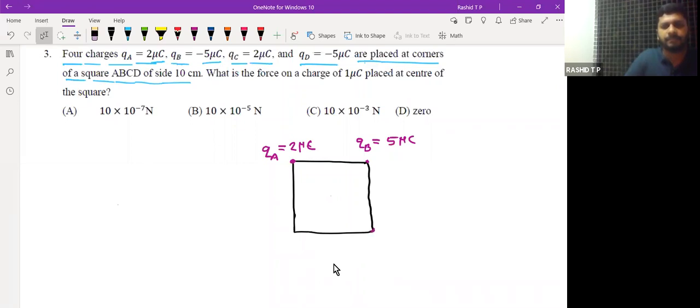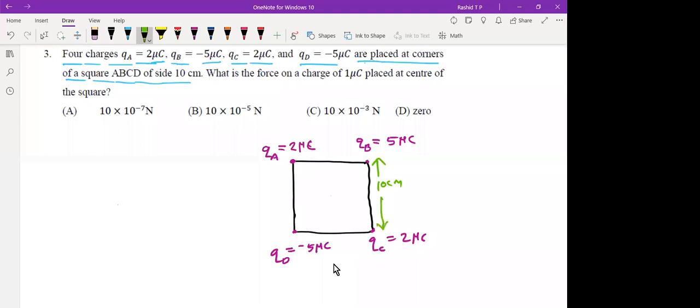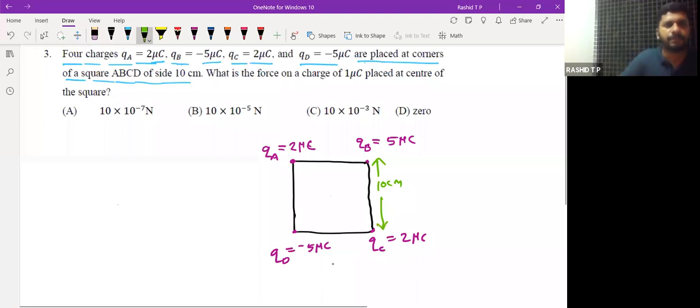Next to it, at C, that is QC, 2 microcoulomb, and QD is equal to minus 5 microcoulomb. The side of the square is given as 10 centimeter. Sir, B is also minus 5. Yeah, B is also minus 5. Thank you. Yes, fine.